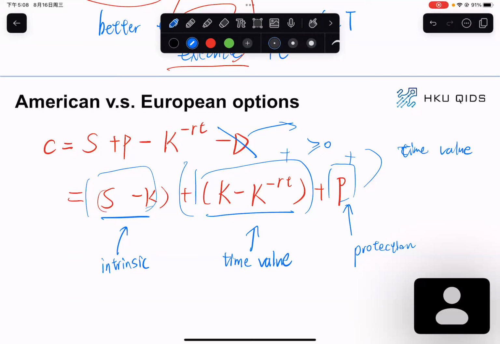For example, we can exercise a call option at a time smaller than T and receive cash S minus K. Alternatively, we can keep the call, short the underlying stock, and lend K dollars with interest rate R. Then from the short sale, at maturity T, we exercise the call if it is in the money and close the short position and close the lending. And you are going to see that by mimicking this kind of early exercise, we earn the same or less amount, okay?